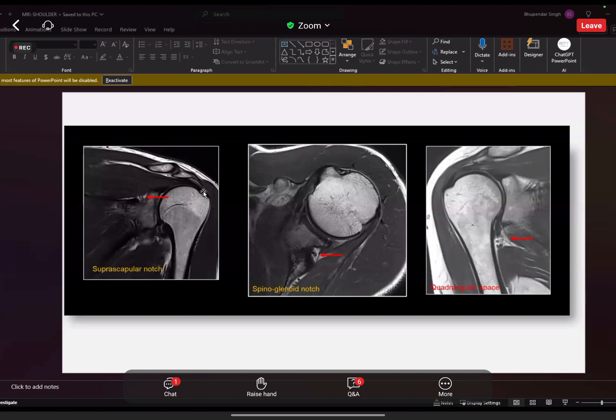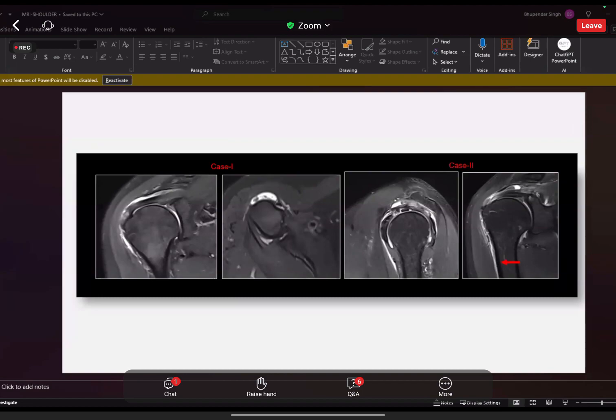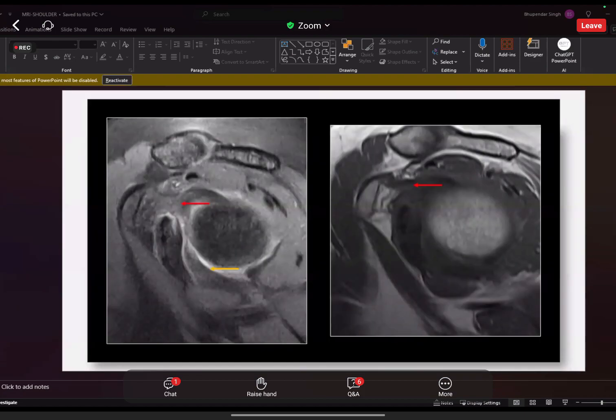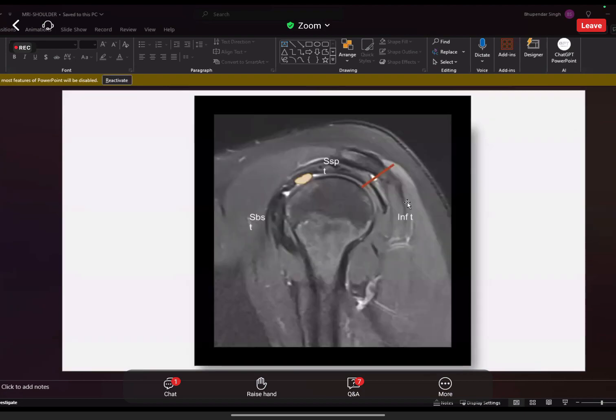Okay, the next question is, what is the rotator cable? The rotator cable is also not of much clinical importance. It provides stability to both the supraspinatus and infraspinatus tendons. On sagittal images, you can see the supraspinatus and infraspinatus tendons.